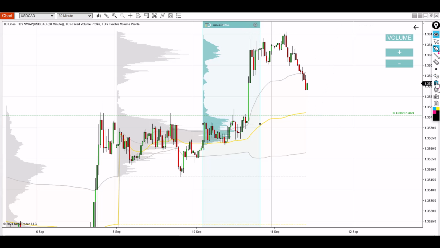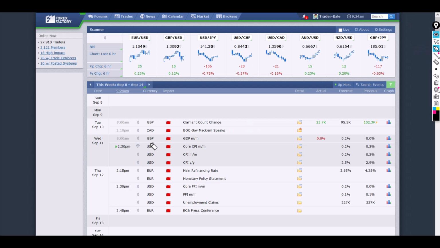Now keep in mind that there is a strong macro news today, which is the inflation on the US dollar, and that could definitely start some strong volatility on the markets and on the instruments that are directly connected to the US dollar, which the US dollar Canadian dollar definitely is.